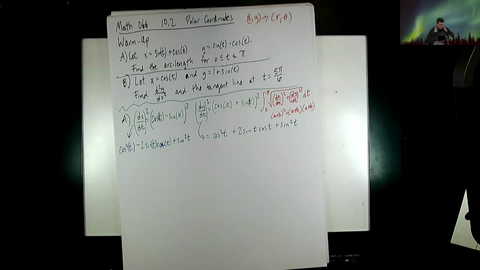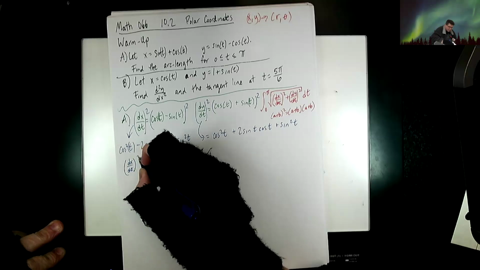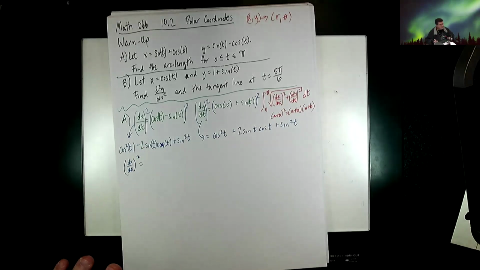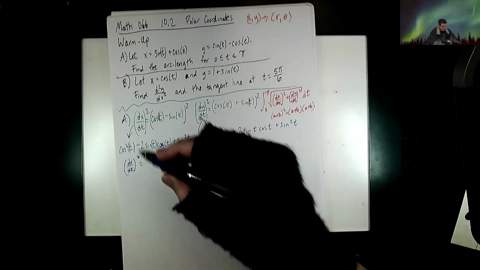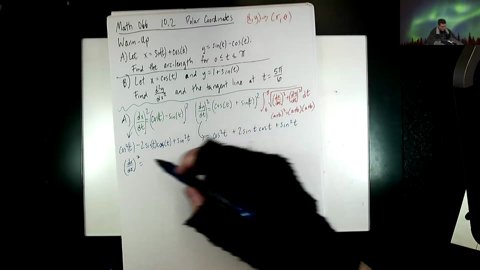So before I add these together, dx dt squared simplifies a little bit, doesn't it? What does that equal? What simplifies as part of it? This part does simplify.